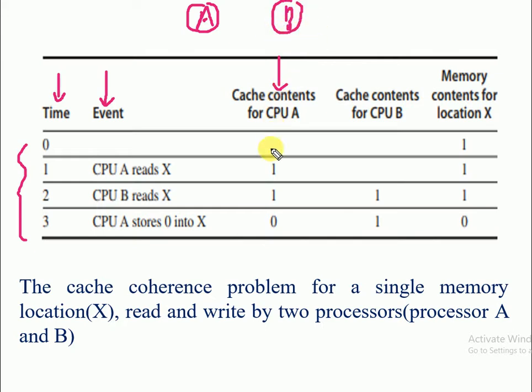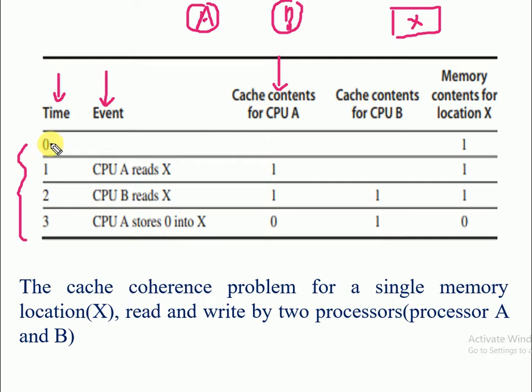This is the cache content of A, this is the cache content of B, and this is the primary memory content. We are discussing the memory content H. So at these different timings, what are the things that are happening? When does this cache coherence problem occur?